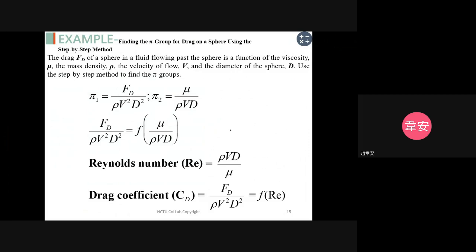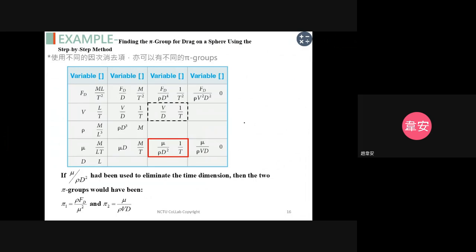But one problem arising here is that in the last slide, when doing the dimensional analysis, we canceled out the dimensions by the velocity divided by the diameter.